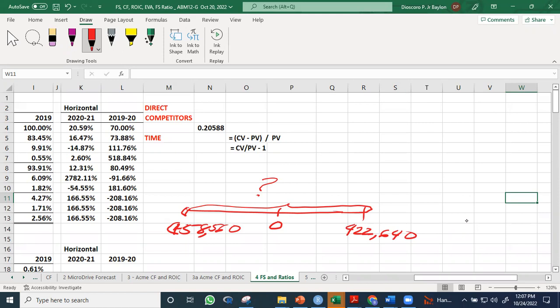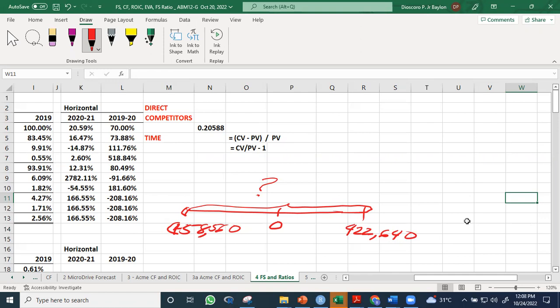Kasi dapat yan ang titingnan natin. So that's more than 500,000 plus na tinaas. So, the question is, how do you get the percentage change if the previous value is a negative? Okay, so that's what I want you to find out.